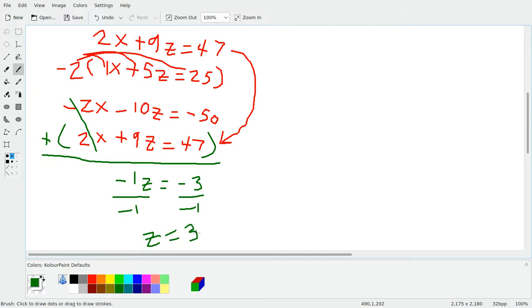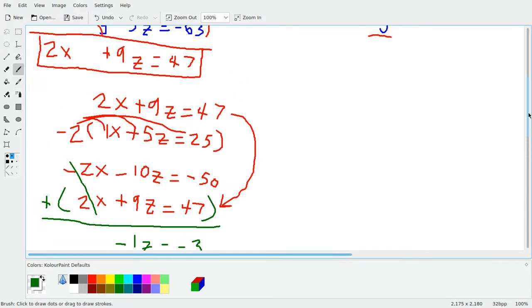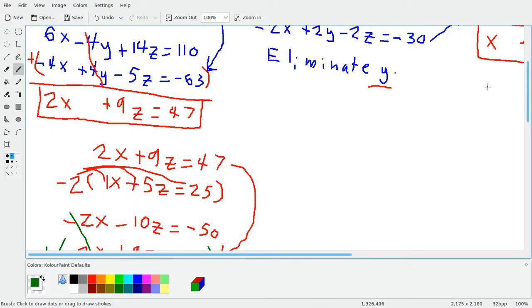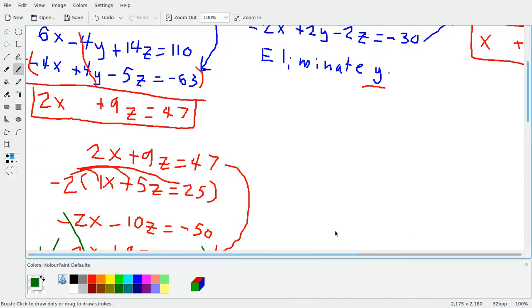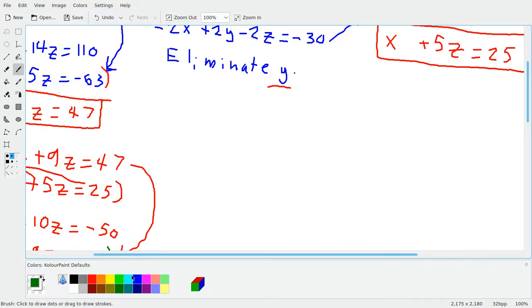So now we have one of the three variables, but we've actually done most of the work. We have our z equals 3. We're now going to take that z equals 3 and substitute it into one of those boxed equations, one of those two red boxes. It doesn't matter which one you pick. I'd say the second red box looks a little bit easier, so let's pick that. Second red box is x plus 5z equals 25.